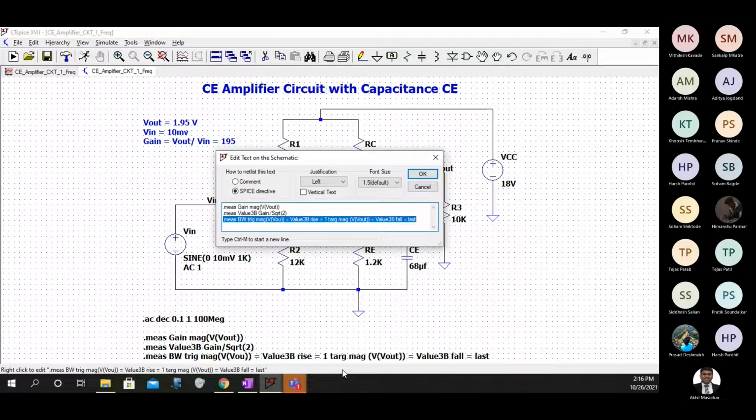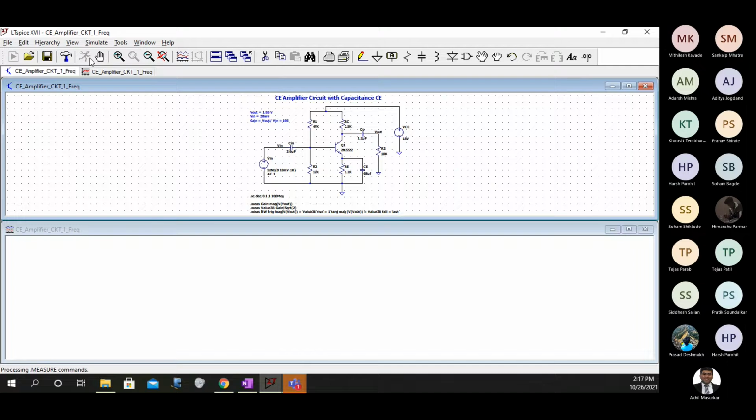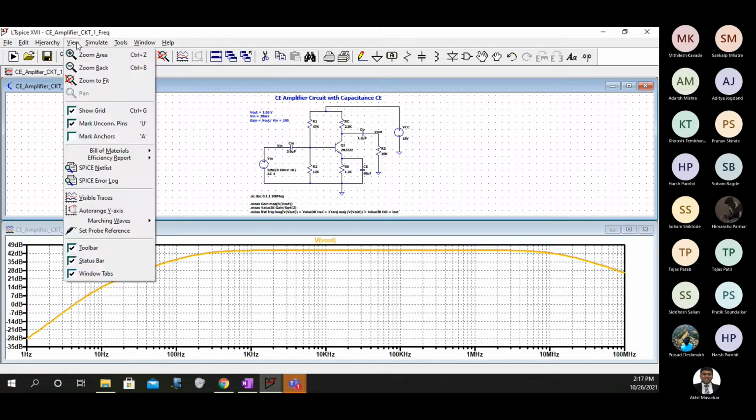Okay, so the small error is I just skipped a T. And now let's again measure and view.